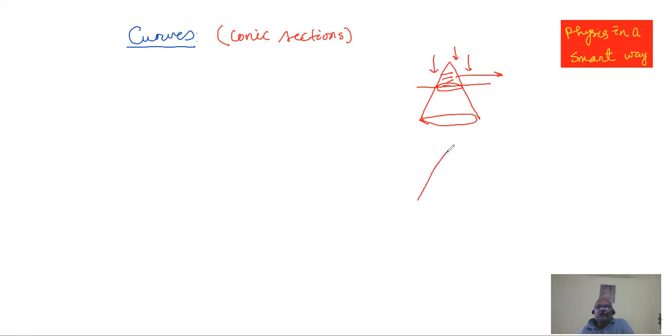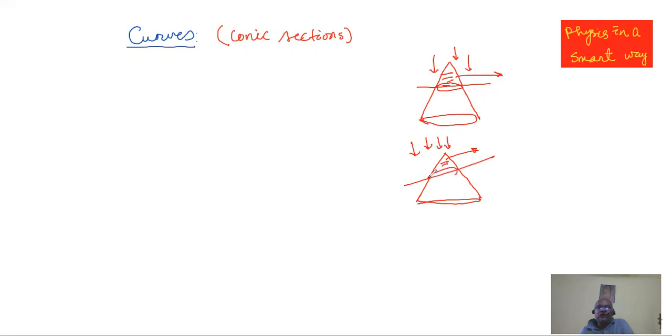If you take a cone and try to pass the cutting plane in an inclined way, similarly remove the top portion and look at the cut surface in a direction normal to the cutting plane.